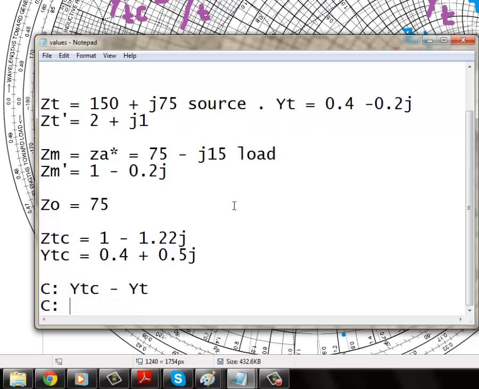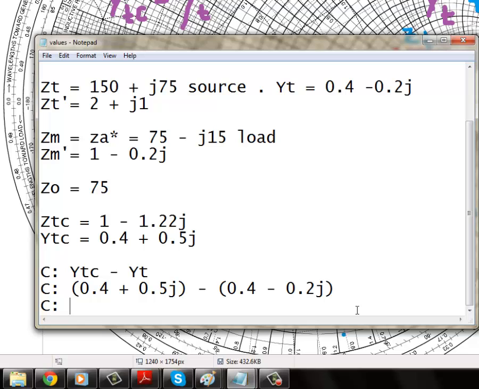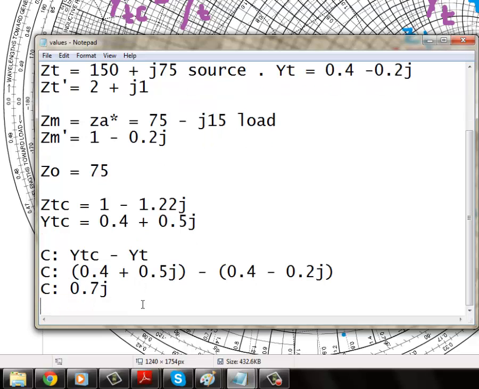So for the capacitor we have YTC equals 0.4 plus 0.5j, which will give us a value of 0.7j. Well, this is not the value of the capacitor, rather it is called B, which is the inverse of our impedance. So this is 0.7j.